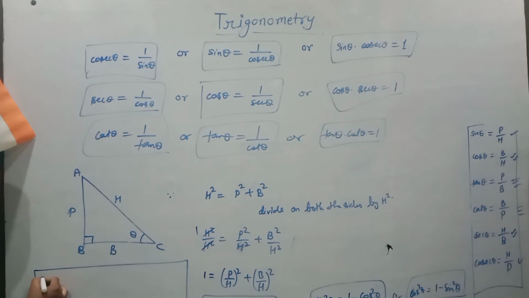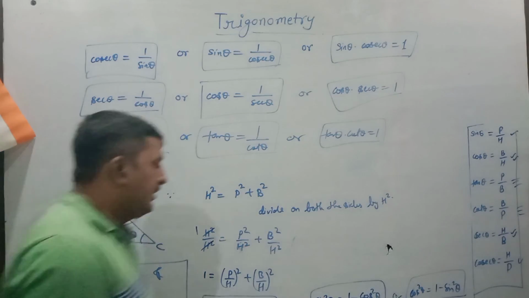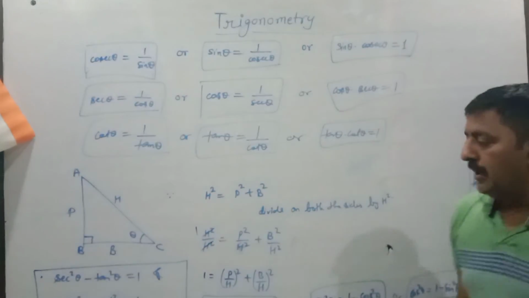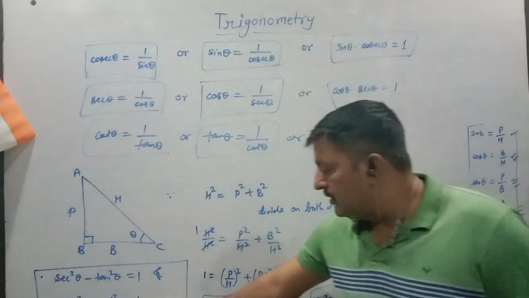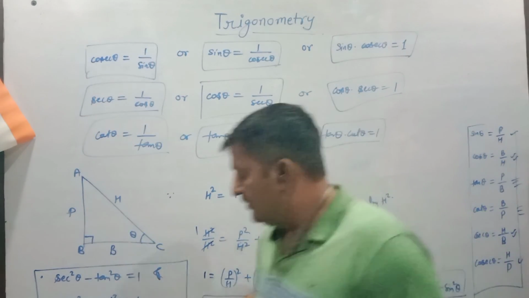The second relation will be sec square theta minus tan square theta is equal to 1, and another: cosec square theta minus cot square theta is equal to 1. Thank you, and prove it by yourself.